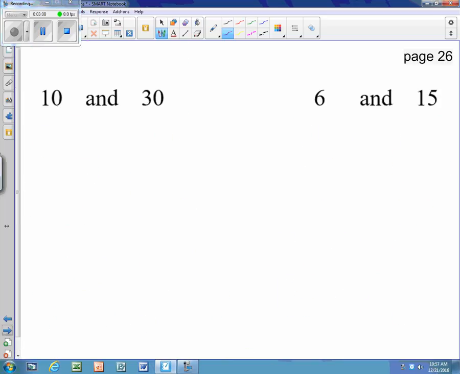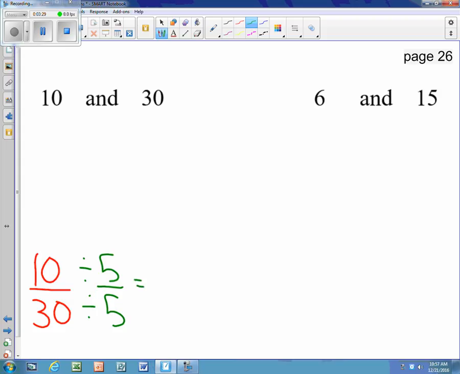So we have 10 and 30. And we're going to make our lists again, but before we make our lists, I'm going to just write the fraction here. When I look at this, some of you might think that the GCF of this is 5. So if you went to do this without doing the work out, you might do this, and you would end up with 2/6.